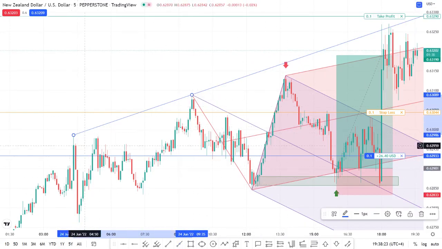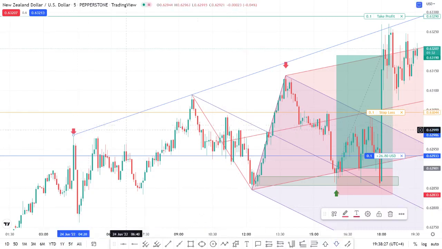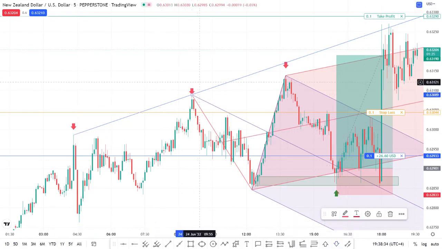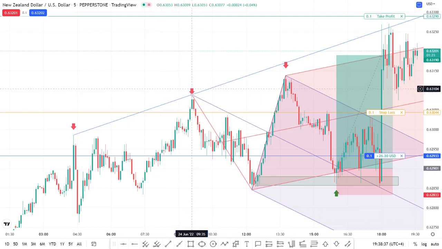Ayun. Siya nga. So dito, using these two previous highs, which is basically ito yung pinaka obvious high sa chart, itong 3 red arrow na to.